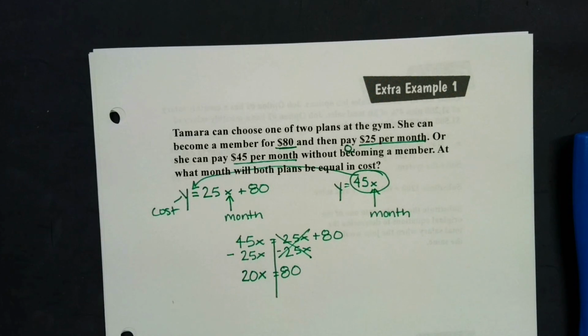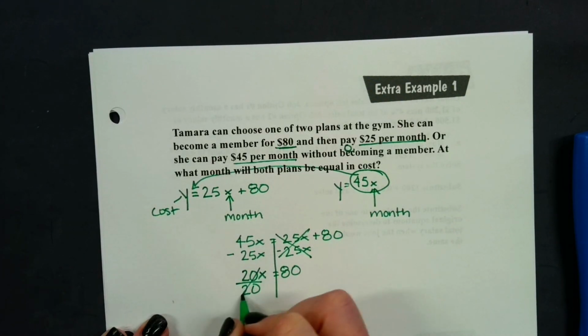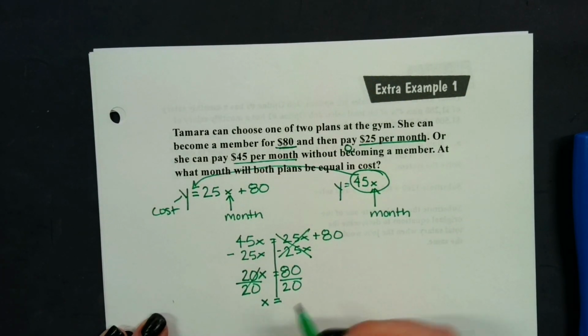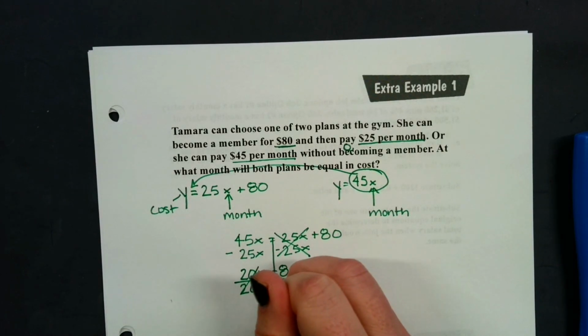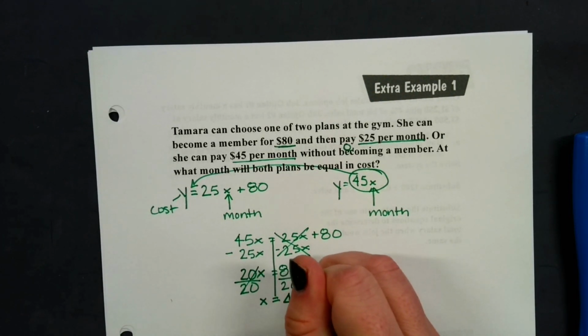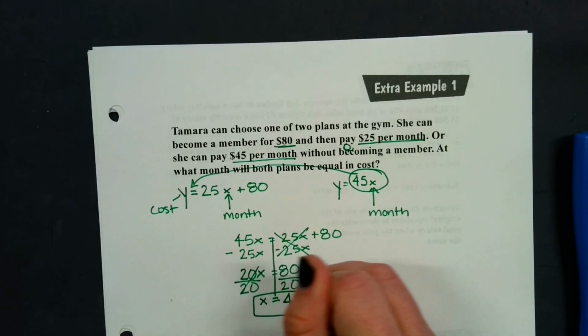So what's my last step you think I need to do? Divide by 20. So x equals what? 4. And what does x stand for? Months. So at 4 months, they would cost the same.